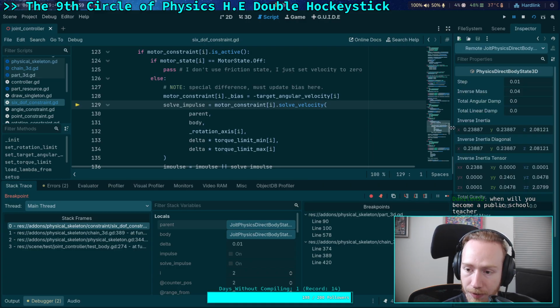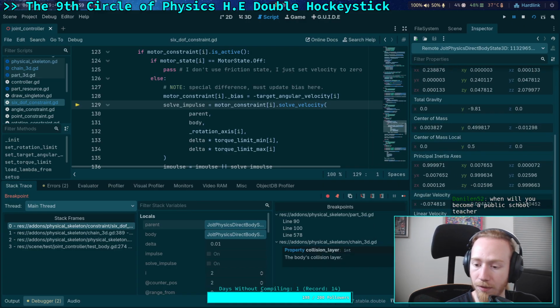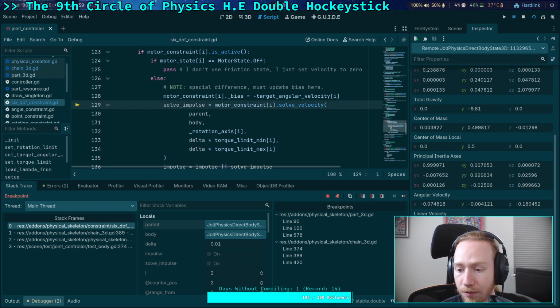So I will look at current velocities. Present transforms are basically fine.